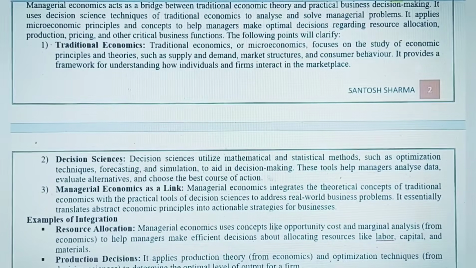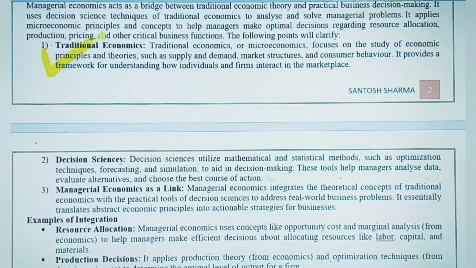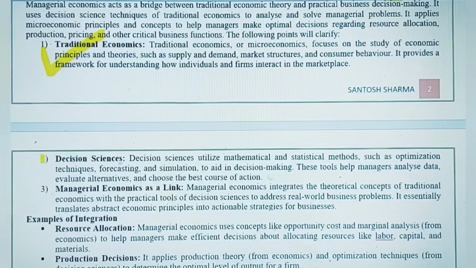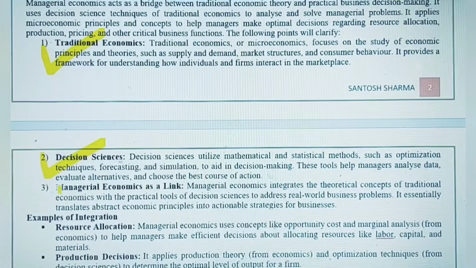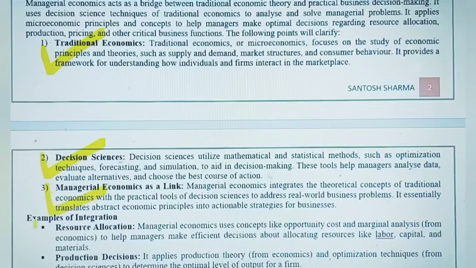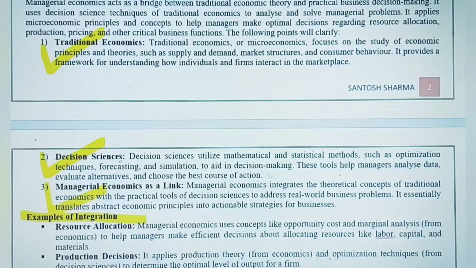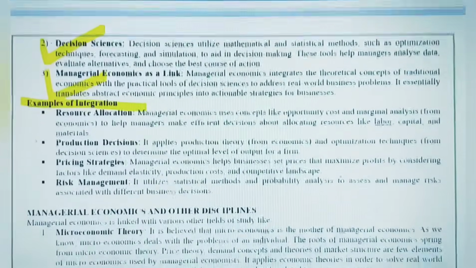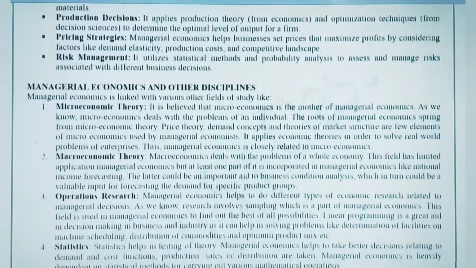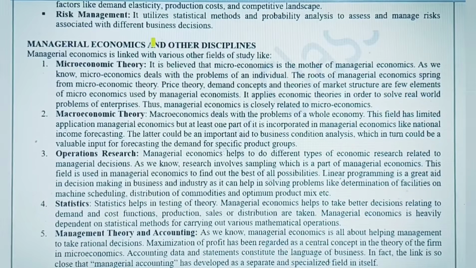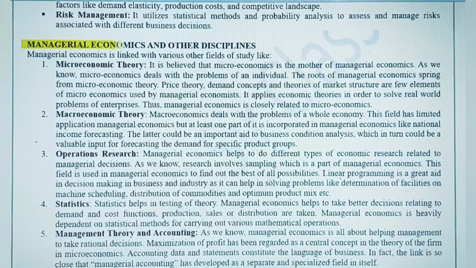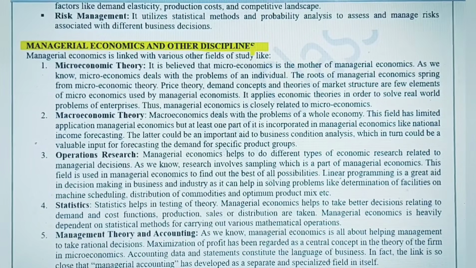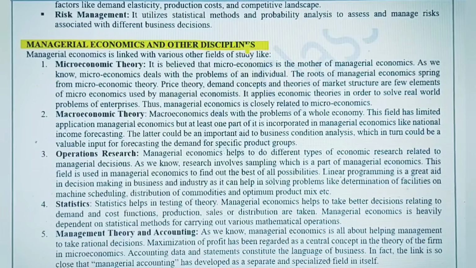You can write the definition of traditional economics, then the different decision sciences, and how it acts as a link. You can give the examples of how managerial economics is integrated with traditional economics. And these are the different disciplines or subjects which are linked with managerial economics.